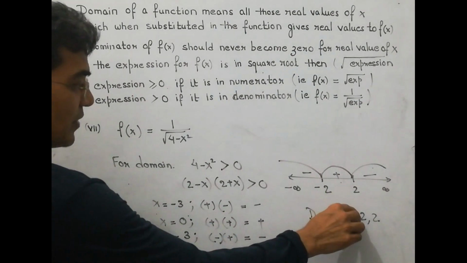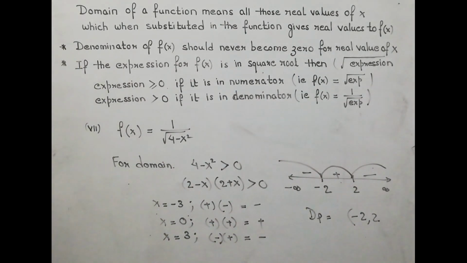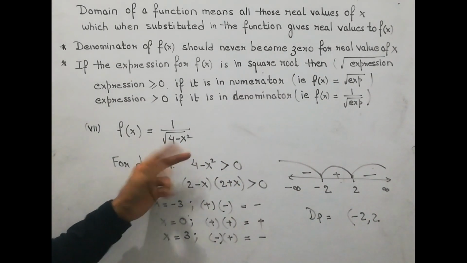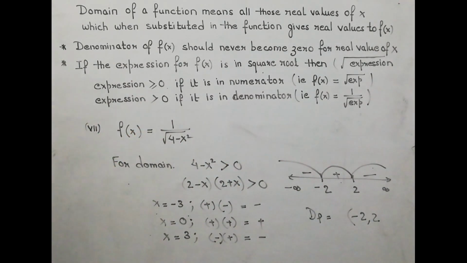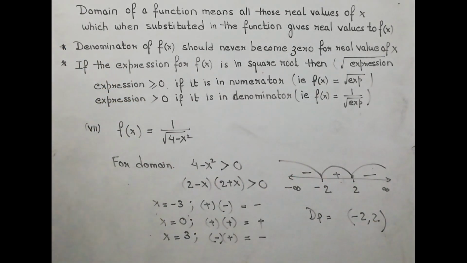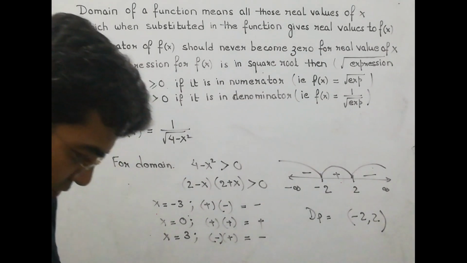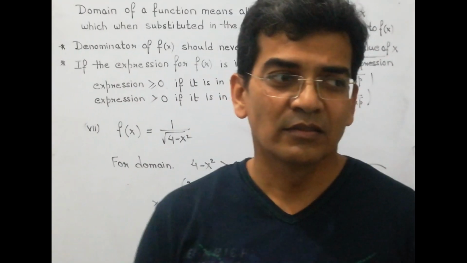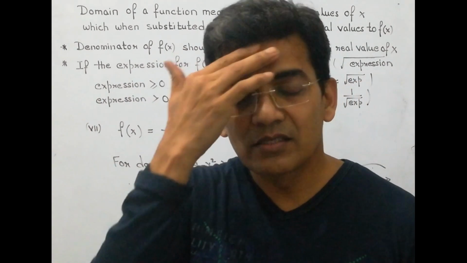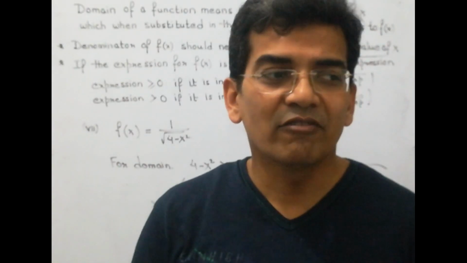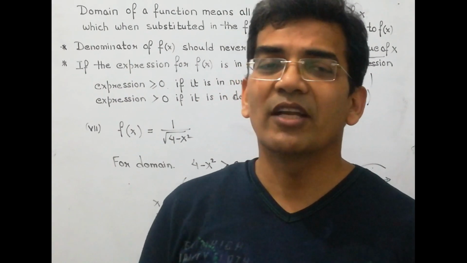So you can't take this value. Similarly for this one, if you put 2 over here, this becomes 4 minus 4, 0, 1 upon 0, undefined. You cannot take 2. This will be the domain. So, is it clear to all of you what a domain is? Those values of x which on substitution give a real value for y, that is a real value for fx.